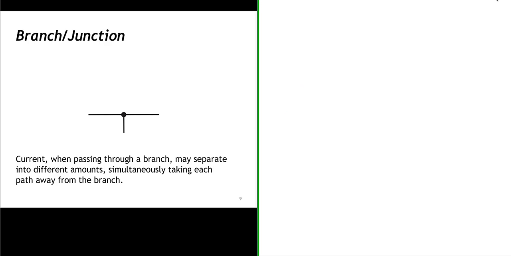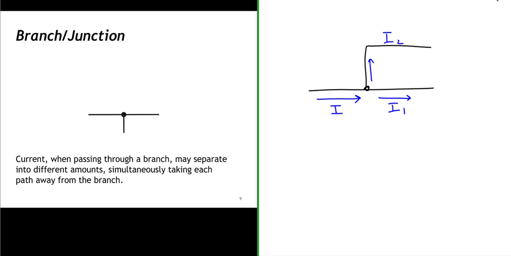The thing to be aware of is that the current into a node must equal the current out of a node. So in this situation, if we have a current I entering this node, then that's going to be equal to the current I1 plus the current I2 leaving the node.